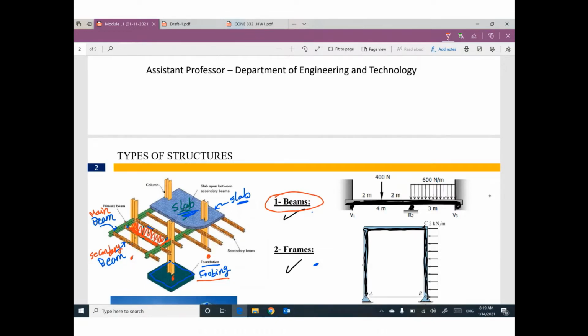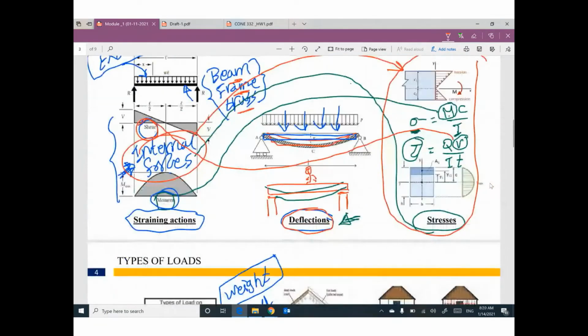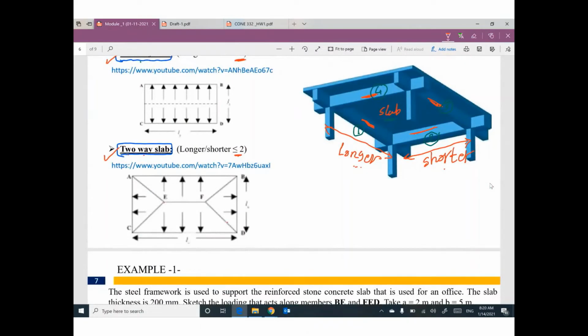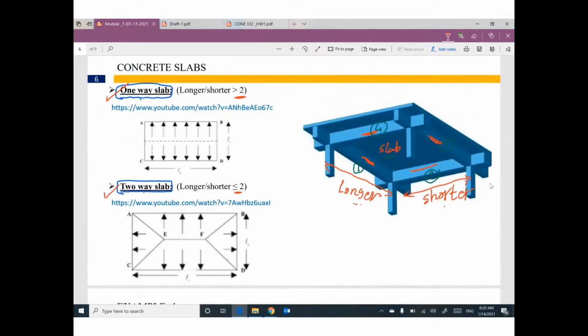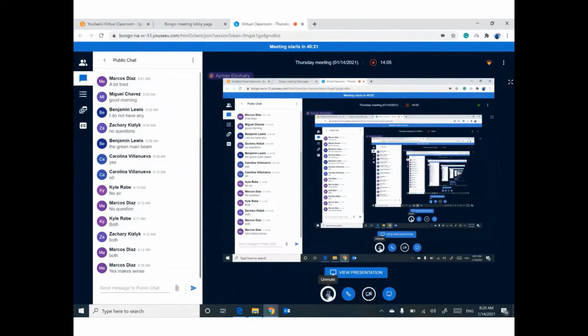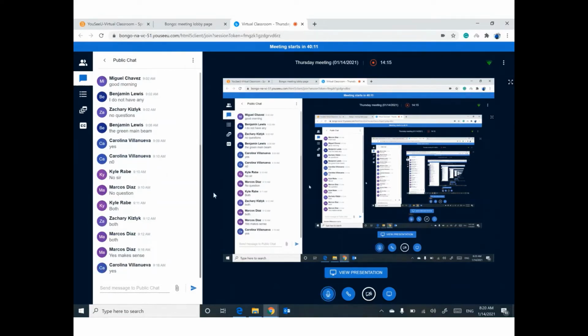If the answer is smaller than 2 or equal, this rectangle will be a two-way slab. Based on this answer, you can figure out which beams are supporting your slab. That makes sense? Yes. Okay.